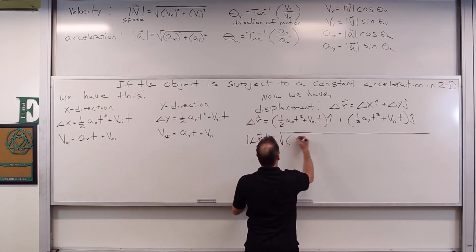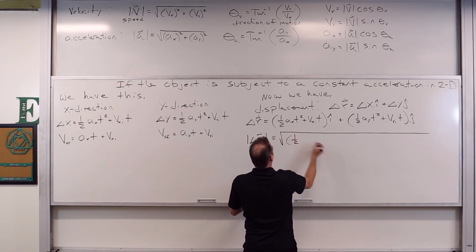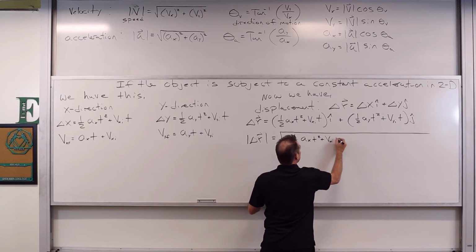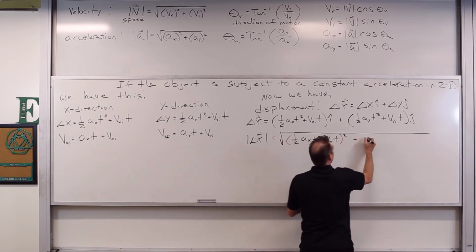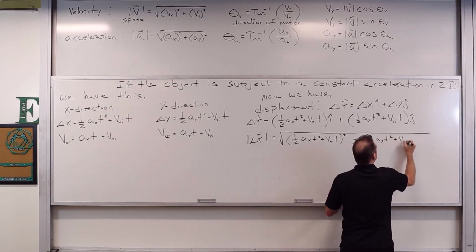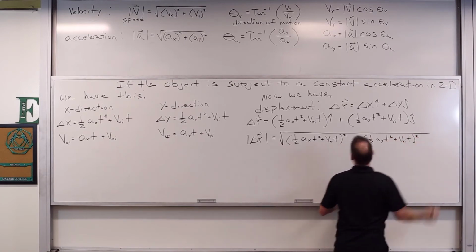This is just in general here. We'd have 1/2 a x t squared plus v x i times t, quantity squared, plus 1/2 a y t squared plus v y i times t, quantity squared.